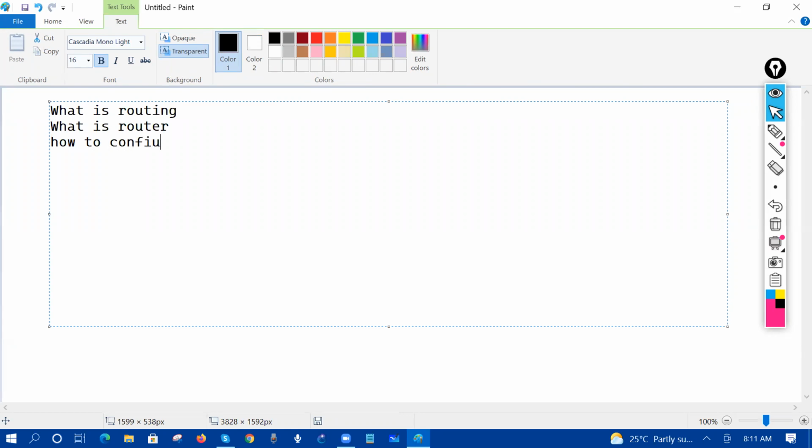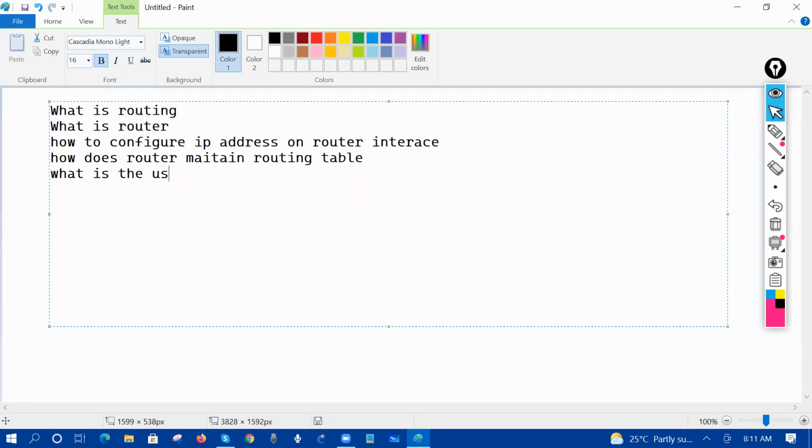How to configure an IP address on a router interface, and how does the router maintain a routing table, and what is the use of the IP route command? And we have also seen how to configure static routing, right? We have seen two ways, I think.